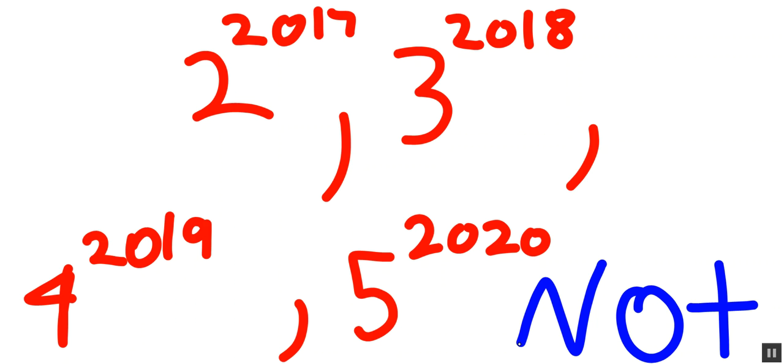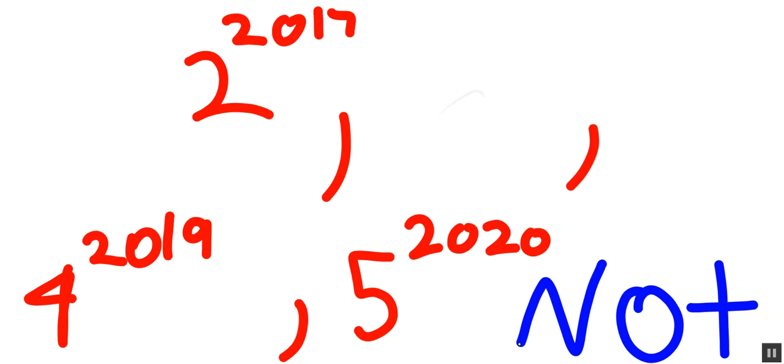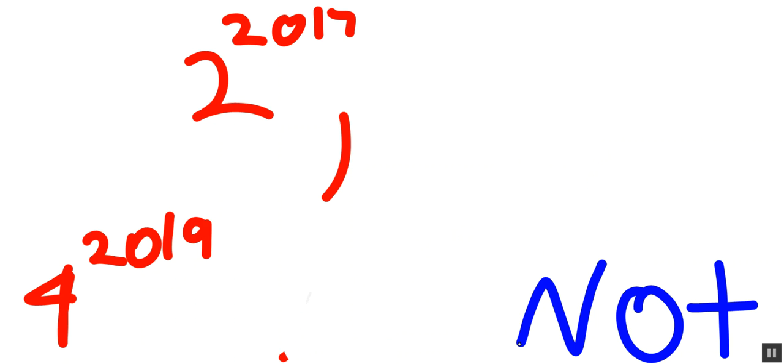So you can write 3 squared to the power of something, where you multiply the two exponents and you'll get this number. So we know that any number to an even exponent is a perfect square. And we have 3 to the power 2018 and 5 to the power 2020. So we know that those are also out of the running. Yay, now we have definitely shortlisted this. But we've run into a small problem here.